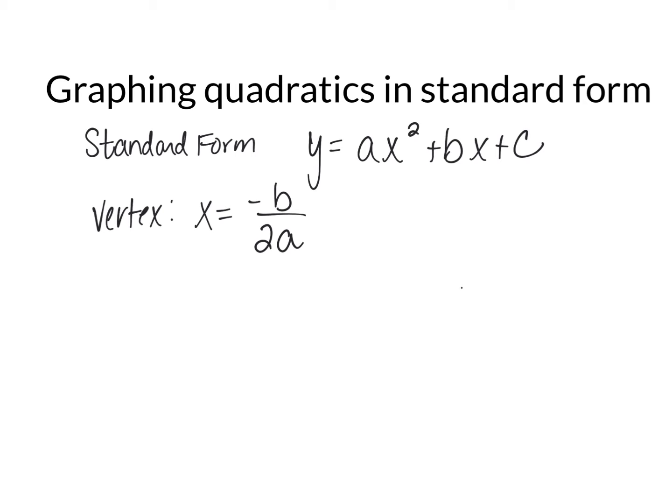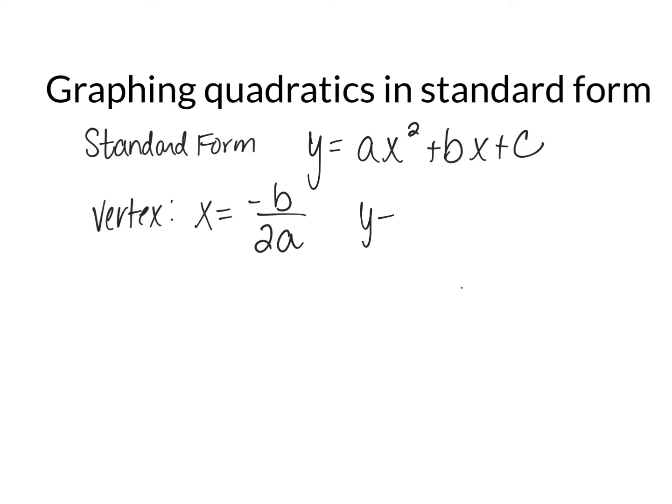Now, the key feature that the standard form equation gives us is the y-intercept. When I look at this equation, I should see that if I plugged in 0, I would get c. Because this would be 0, and that would be 0, and I just get c.